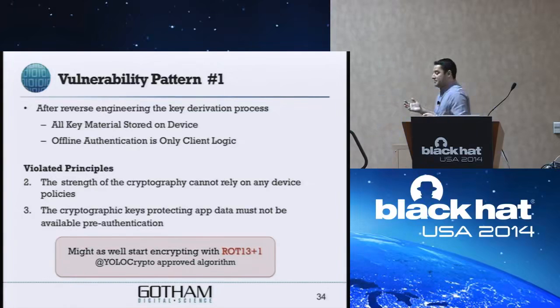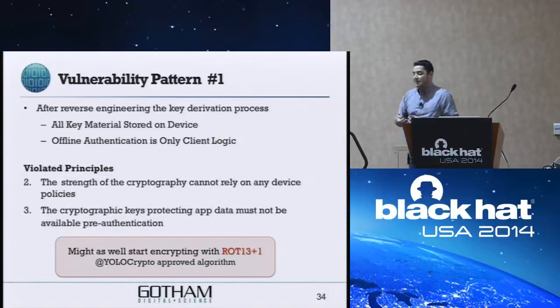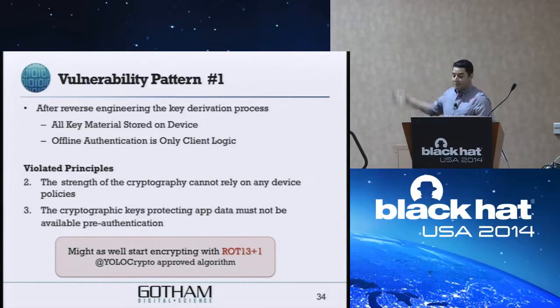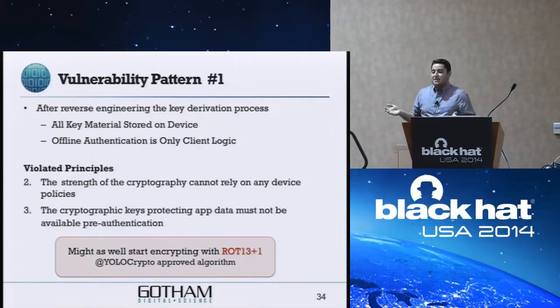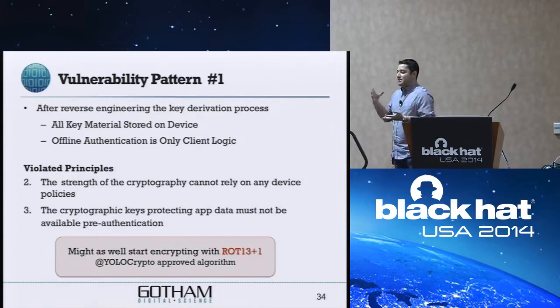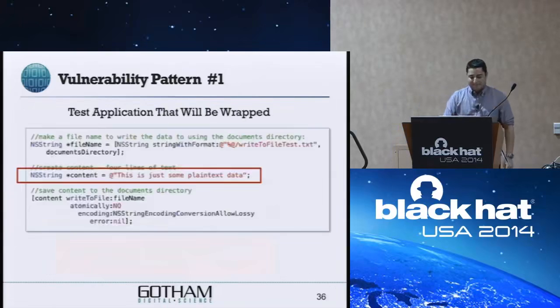So the offline authentication logic, if I'm trying to get access to a document offline, was all client-side logic. And as you can imagine, that can always be bypassed. It violates principles 2 and 3 and makes this solution provide no real protection at all. It's just obfuscation at that point. You're storing something encrypted, but you're storing the keys right next to it. So it makes no sense.